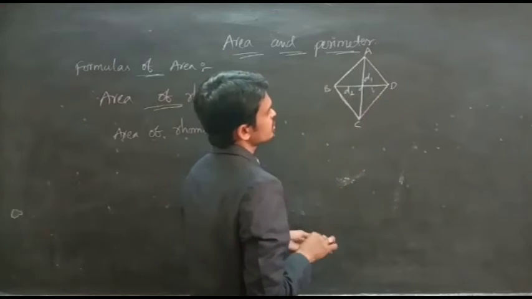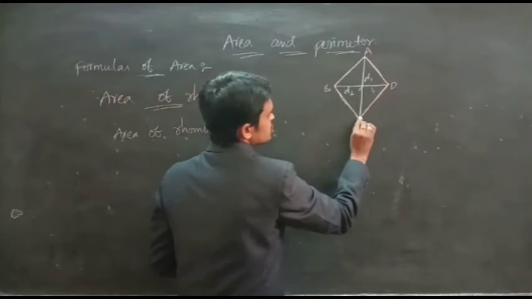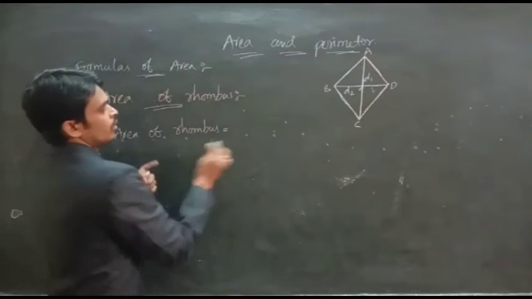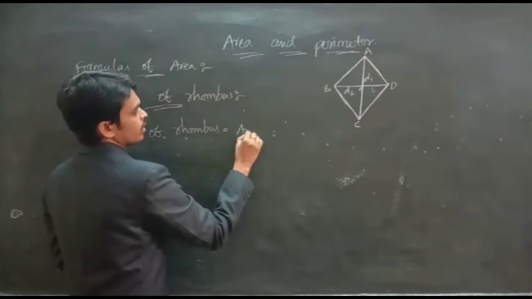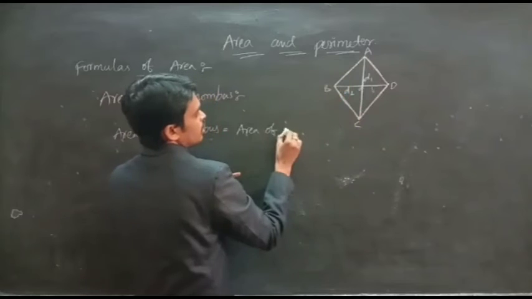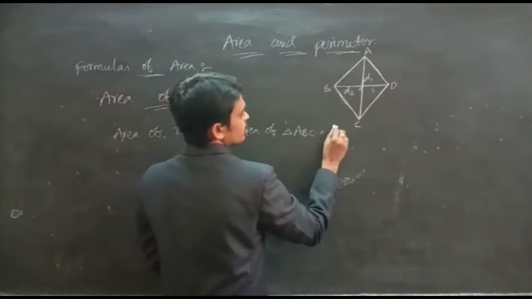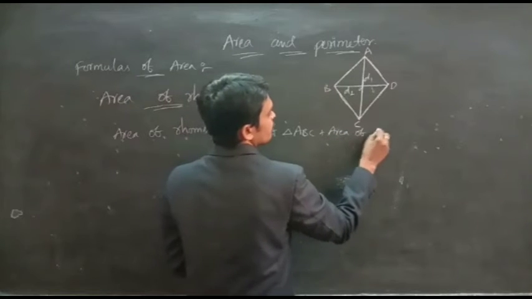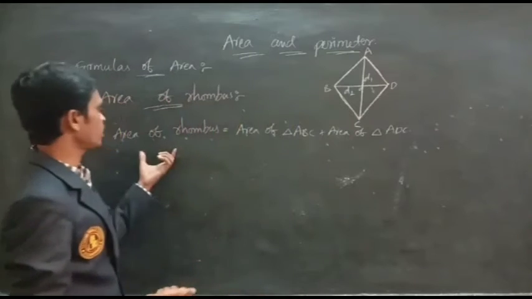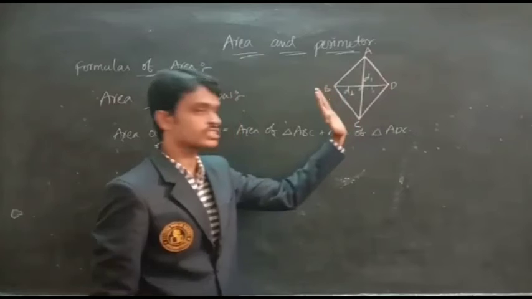And another triangle is triangle ADC, this. So I am writing area of triangle ABC plus area of triangle ADC. So the rhombus is divided into two triangles.